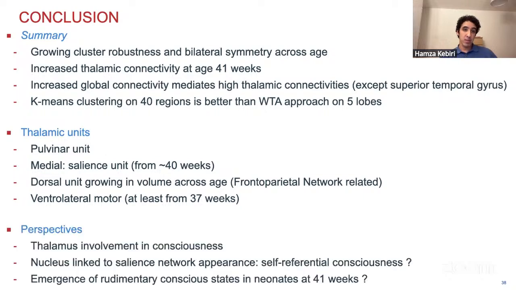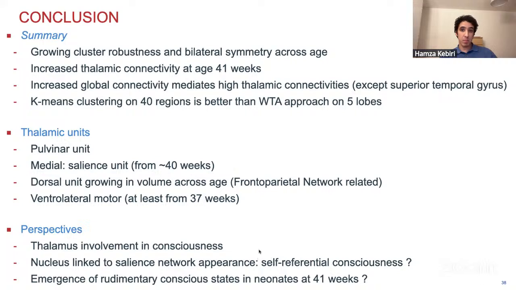And since I'm getting interested in consciousness, I tried to see if we can somehow link this work to the literature about consciousness. And I found that the thalamus is very involved in consciousness.